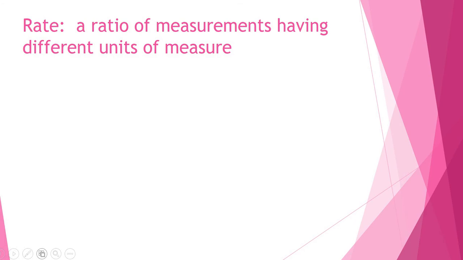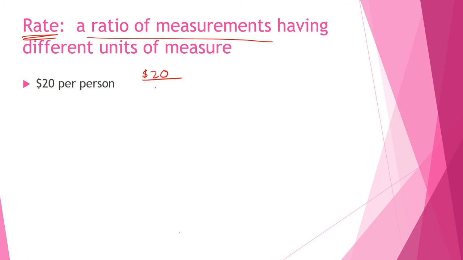A rate is a ratio of measurements having different units of measure. And we can come up with lots of examples. $20 per person. The numerator is dollars. The denominator is people. 55 miles per hour.